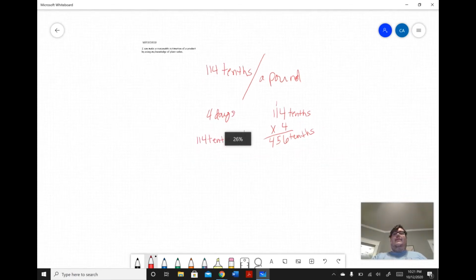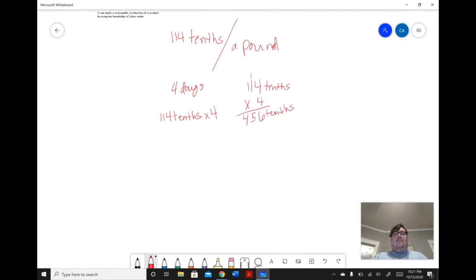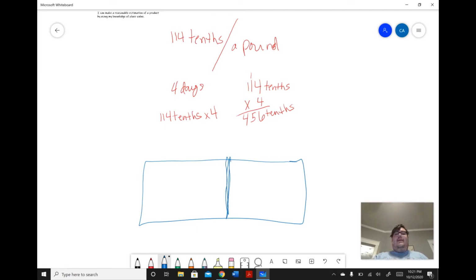So let's use a place value chart to show us why. Here comes the place value chart, my favorite thing. There's our extra dark line to denote our decimal. Here's our tenths place, our hundredths place, and our thousandths place.